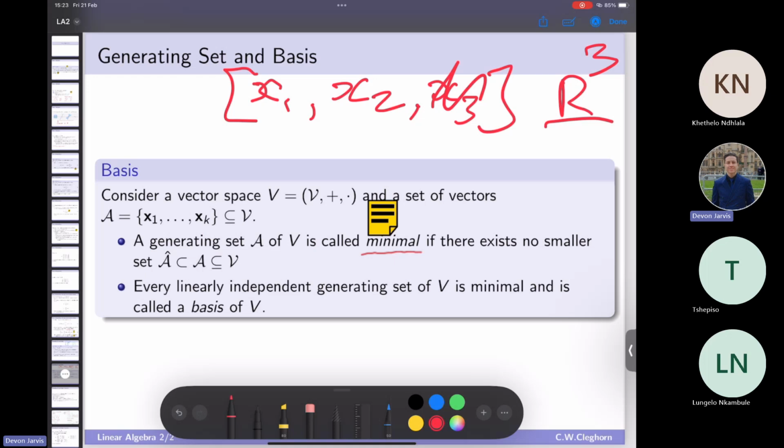What does that mean? If I can still generate all that same space, even though I no longer have access to x3, it means that I should still be able to create x3 as some linear combination of x1 and x2. Let's just put lambda 1 x1 plus lambda 2 x2. Is everyone following that step to begin with? We good? All right. But that's a contradiction, because that means that they weren't linearly independent to begin with.